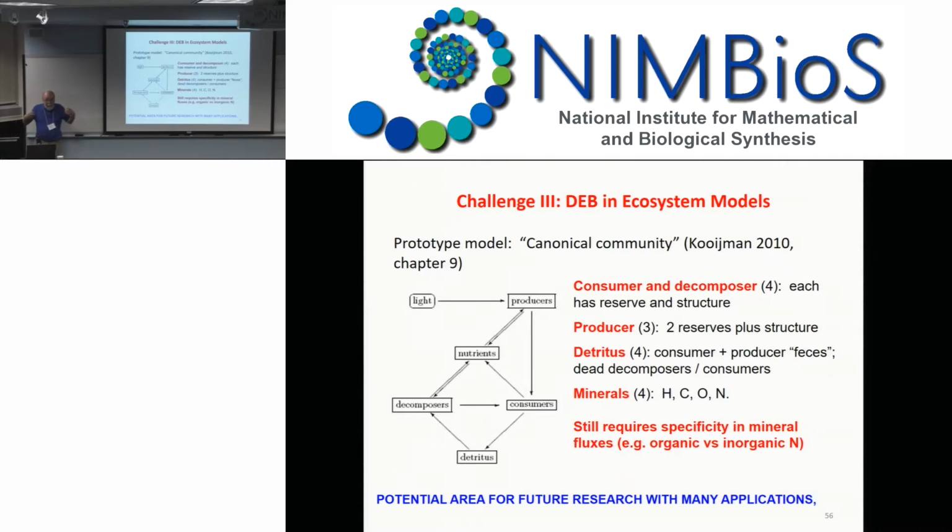So, in short, I've tried to give you a very quick run through a whole lot of different areas the DEB theory covers. I've pointed to what Laura and I think are potentially three important areas ripe for further development. You may have others, so thank you for your time.